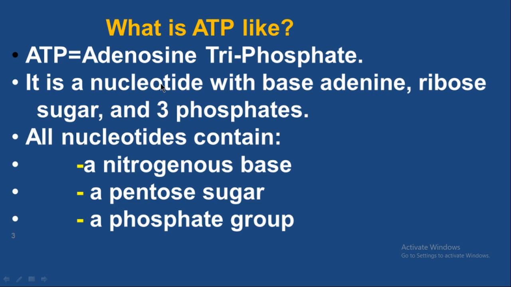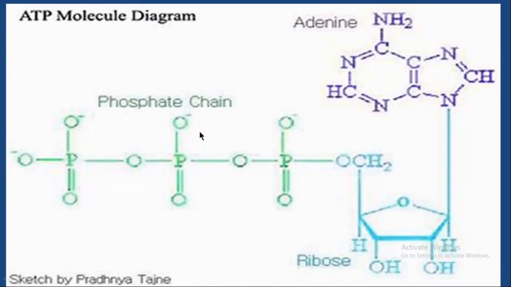And each nucleotide of nucleic acid contains one of the 4 nitrogen bases, namely adenine, cytosine, guanine, thymine, or uracil in the case of RNA, and a pentose sugar and phosphate group. So ATP is a phosphorylated nucleotide, a nucleotide which has additional phosphate groups.